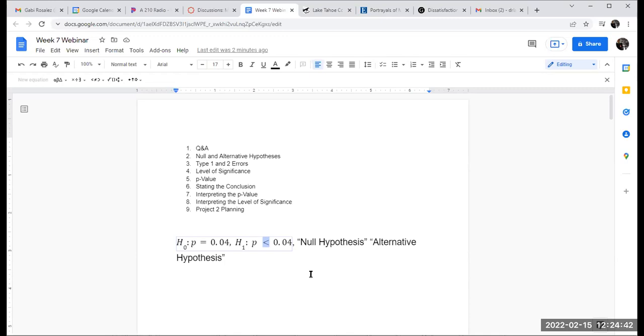So that's just some of the vocabulary, and you'll read in the book and see all that. I can't write it all out because it takes too long, but I can say a lot of it. So you can have three types of tests: left, right, and two-tailed. This is the example of a left tail test, this COVID one. Any questions on this idea?